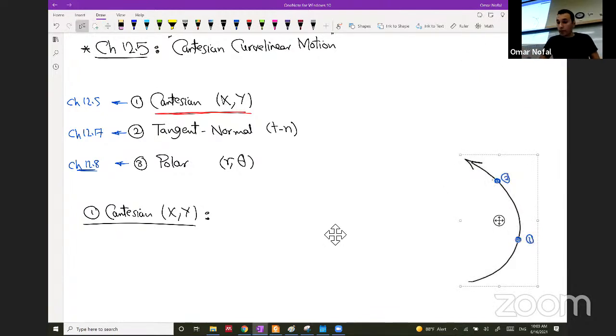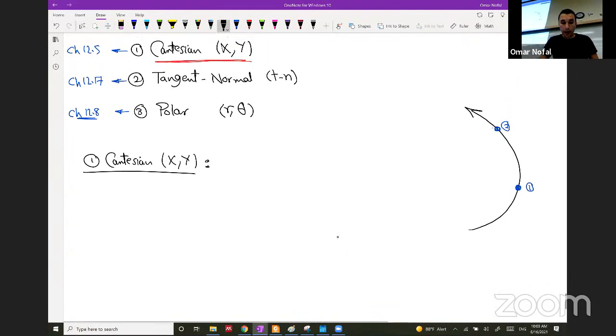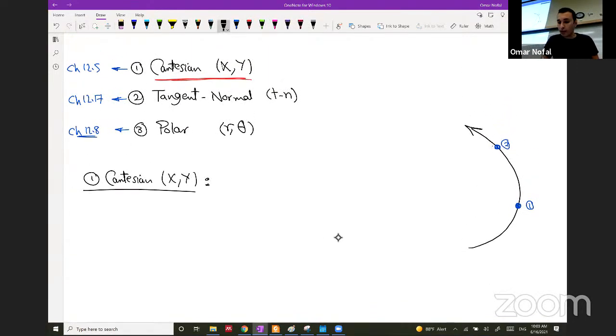So let's describe this motion, the one that I just wrote, using an XY coordinate system. Let's assume that our XY coordinate system is somewhere here. So this is X, this is Y. And let's describe this motion.